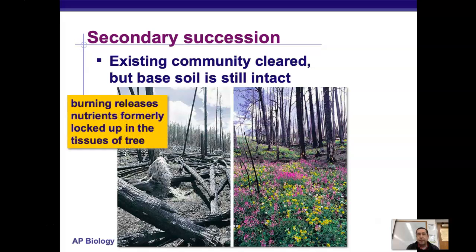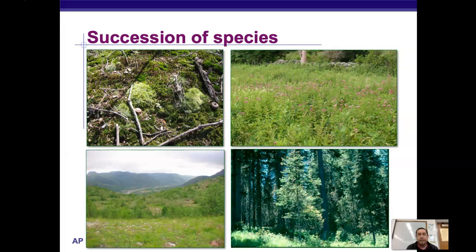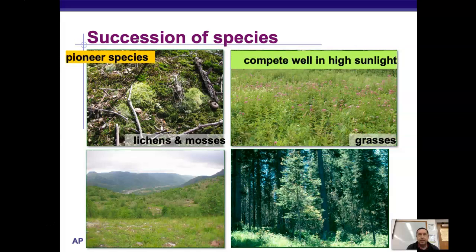And there are some communities that rely on fire to keep them healthy. Burning releases nutrients that were locked up in the trees and can kind of start the process over again. You can see different stages of succession in these pictures here. The pioneer species of the lichens and mosses. Grasses do well in high sunlight areas.